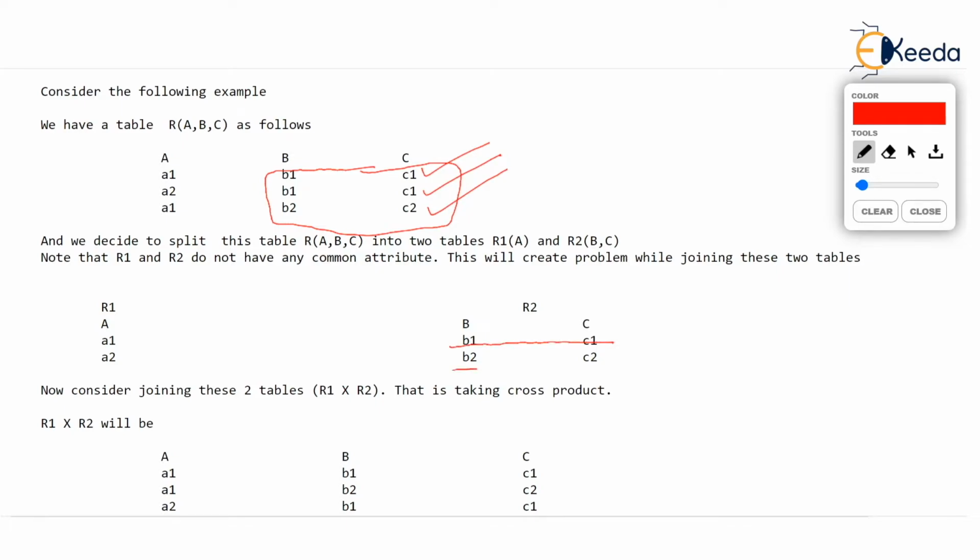Because B1C1 is duplicated. So these are the two rows that will be in R2 and these will be the two rows that will be in R1. That's how we have split R, ABC, such that R1 contains only A and R2 contains B and C. So these are the two tables that we have got.